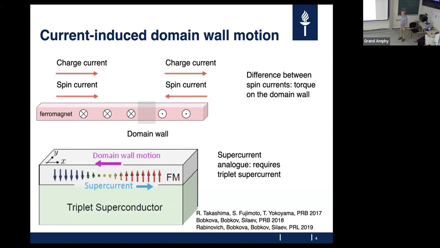Sorry, by the way, this is how things started in the early 2000s. Nowadays, people use spin orbit torques instead of direct spin torques, but the idea is roughly similar.